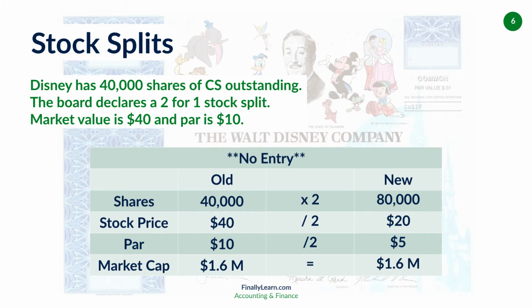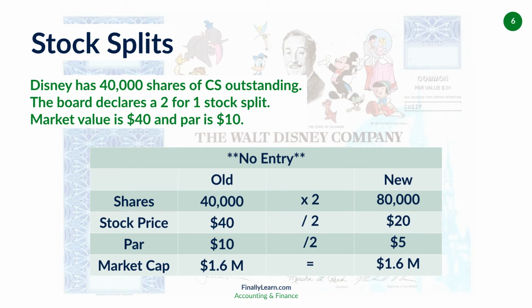The number of shares before is 40,000 times 2. It's now 80,000. So this could be, instead of old and new, pre-split, post-split. The stock price is 40 divided by 2. The new stock price will be 20. The par is $10 per share divided by 2. The new par is going to be $5 per share.